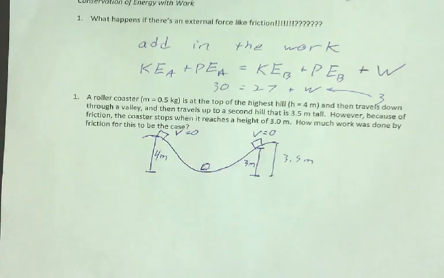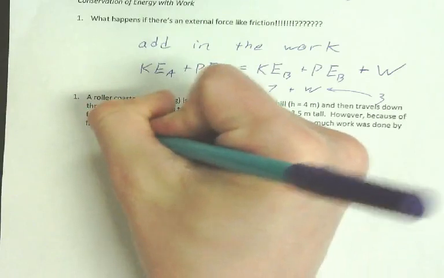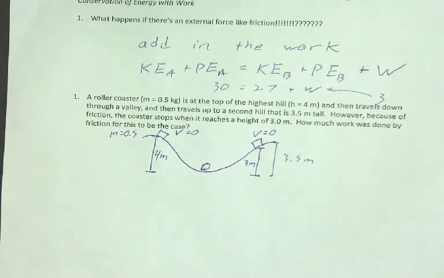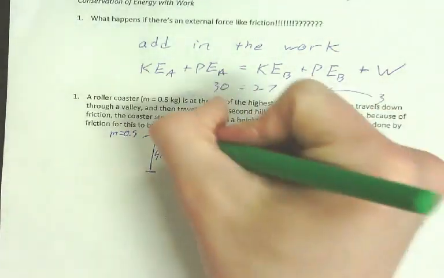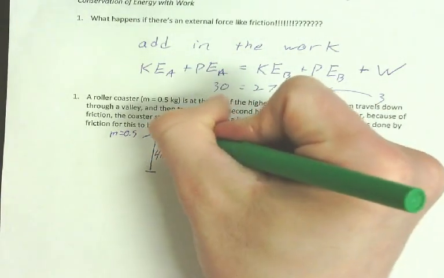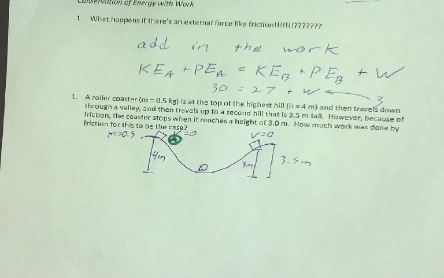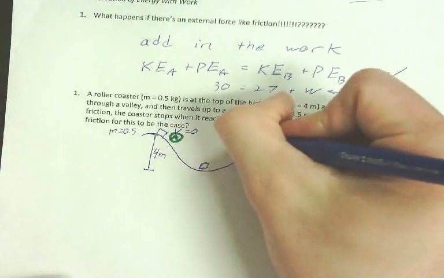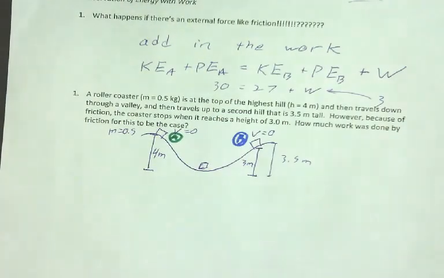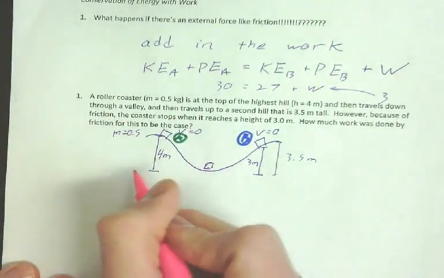Okay? So once we've drawn and labeled our stuff, and here's the mass still 0.5. Okay, here's A, same as before. Here's B, same as before. Most of you I saw picked the ground to be 0, so I'm going to do that.